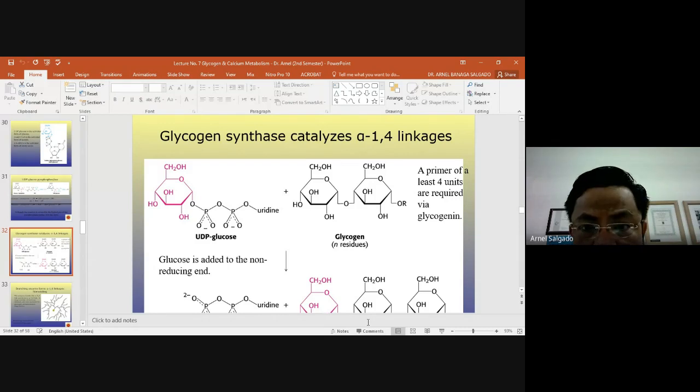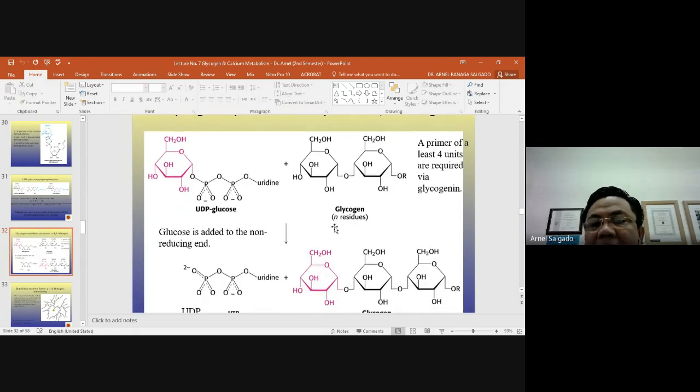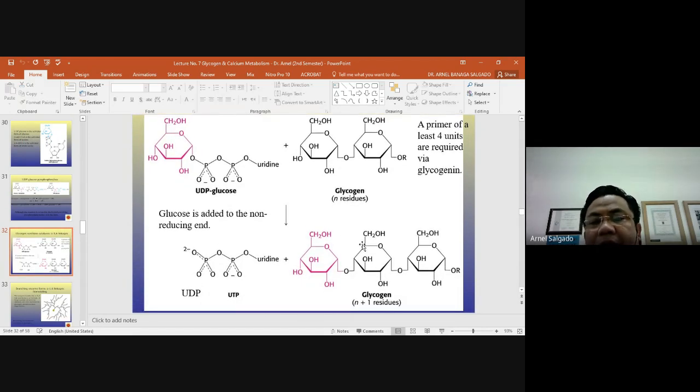Now, we are going to build up an additional form of glycogen. A primer of at least 4 units is required via glycogen. The glucose is added to the non-reducing end, therefore building up additional glycogen. So we add additional glycogen residues because this glucose will not be useful anymore, since there is excess glucose in the blood.